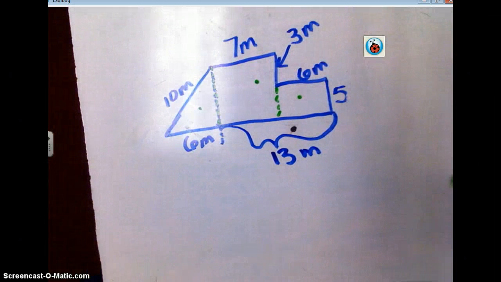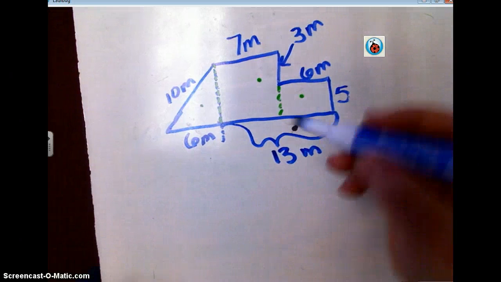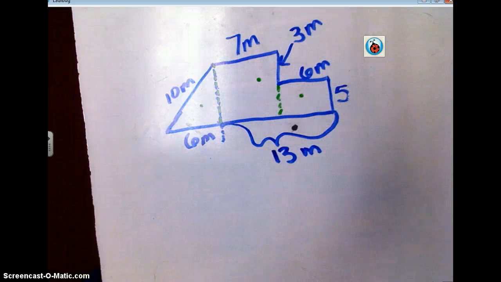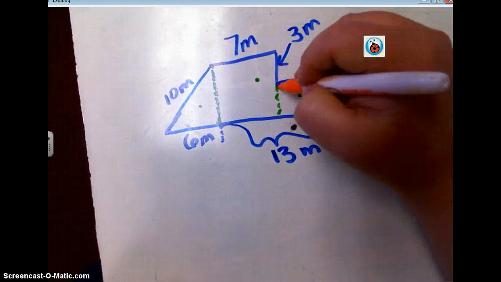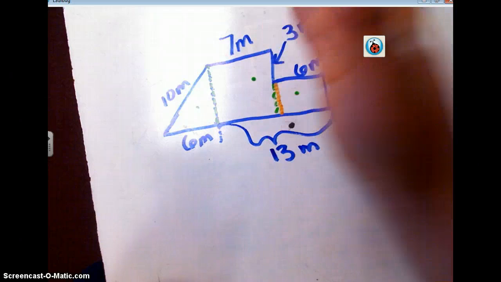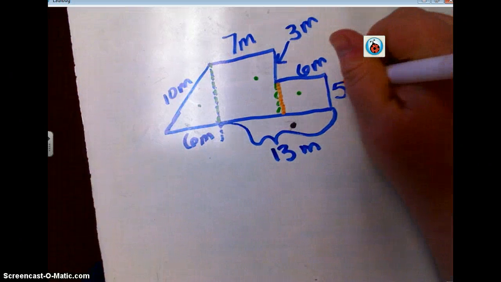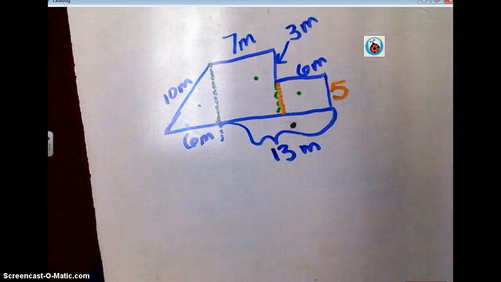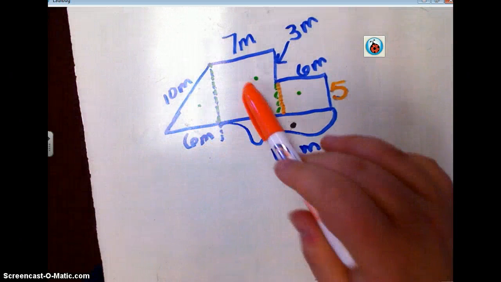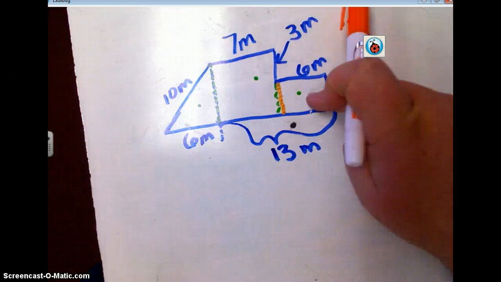That's probably going to be the easiest one for you. If you want to do trapezoid, obviously you would just draw a line right here. There's your trapezoid. Here's your rectangle. I don't care which one you do. You can do triangle, rectangle, rectangle, or you can do trapezoid, rectangle.